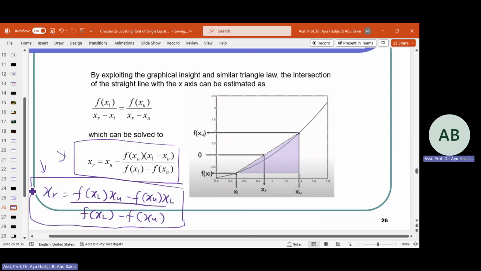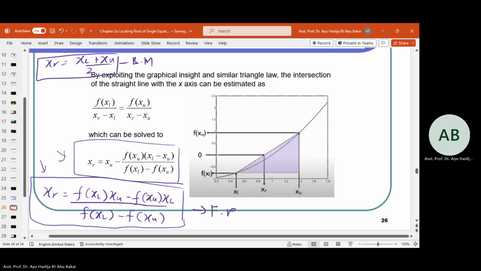False position and bisection each use their own equation. Bisection is just the simple equation. So this one you need to know how to differentiate already. This one belongs to bisection, and the rest belongs to false position.